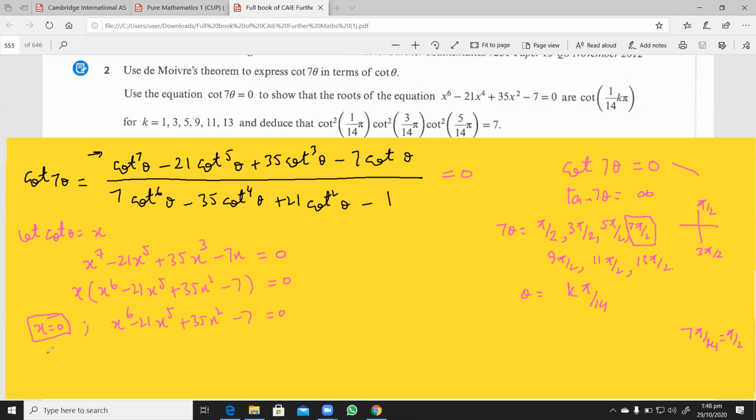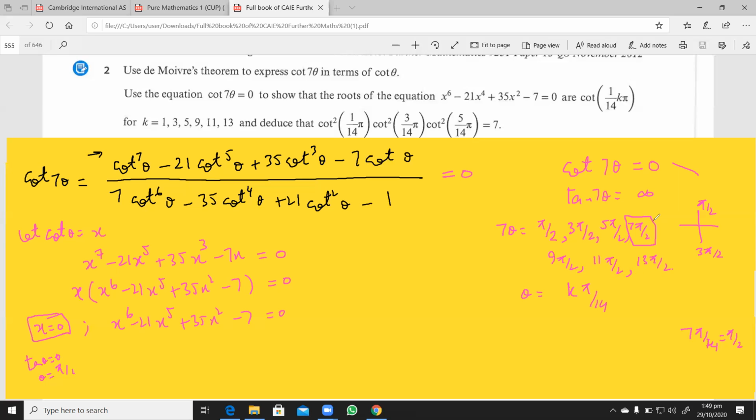Okay, so that is the solution to this equation, that when your x is equal to 0, so that means your tan theta is going to be 0. So your theta is pi by 2. And you see this equation over here. Before this, it had a power 7. Now this is a power 6. So there have to be 6 solutions to this, okay?